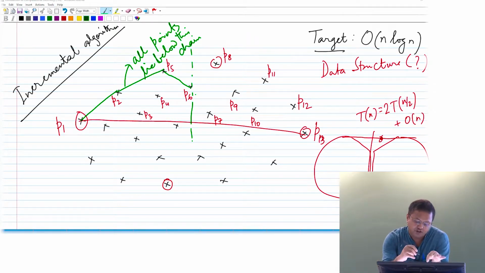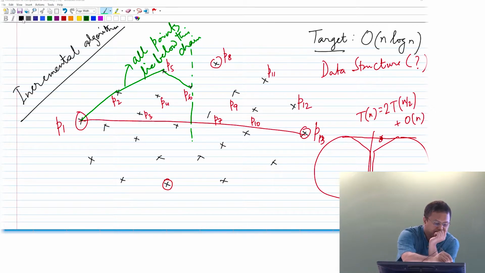Now, for this particular positioning of P7, this is fine, right. But say for example, P7 was not here, but somewhere here.